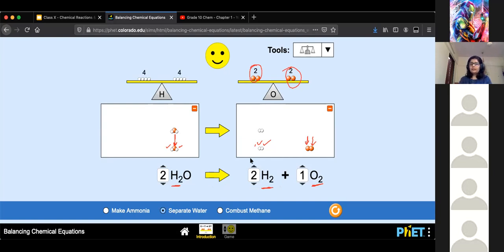Here, what you're doing is splitting water into hydrogen and oxygen. If you turn it the other way around, you're adding hydrogen and oxygen to make water. So the reaction itself changed.